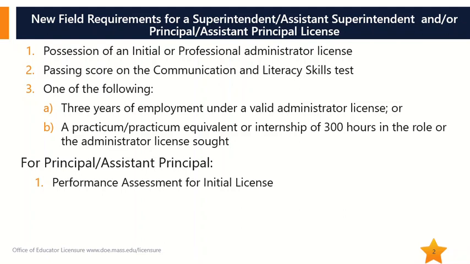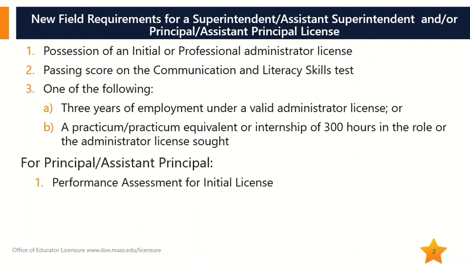New field requirements to earn a superintendent, assistant superintendent license, and/or principal, assistant principal license include possession of at least an initial Massachusetts Academic Administrator license, passing the Communication and Literacy Skills test, and one of the following: a practicum/practicum equivalent or internship of 300 hours in the role and at the grade level of the license sought, or 3 years of employment under a valid Massachusetts Academic Administrator license.